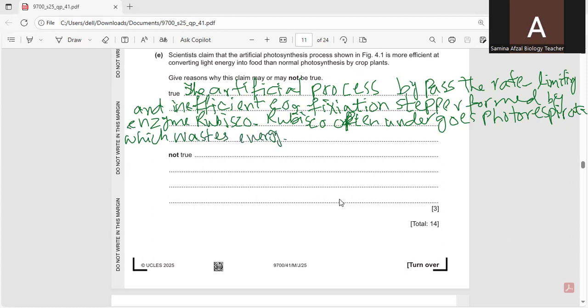And what is photorespiration? Photorespiration is a process in which oxygen reacts instead of carbon dioxide. So during this process, there can be the wastage of energy because the carbon dioxide is required for that process.